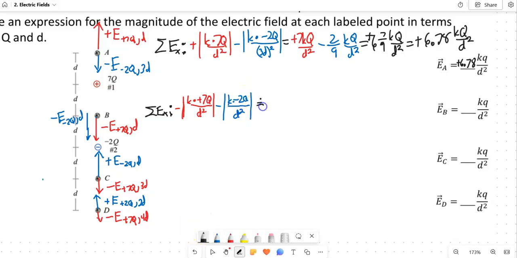When we bring this out, you don't have to do every single step, but this is going to be 7kq over d squared, and this is going to be negative 2kq over d squared. And so the answer here is going to be negative 9kq over d squared. So the answer to this is going to be negative 9.00.